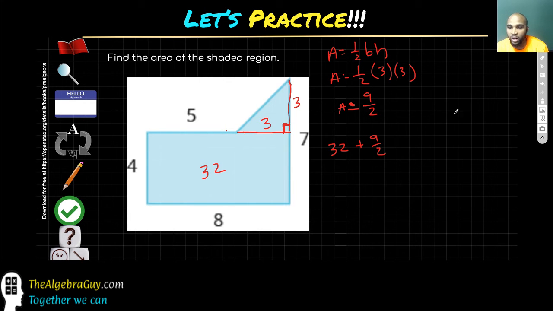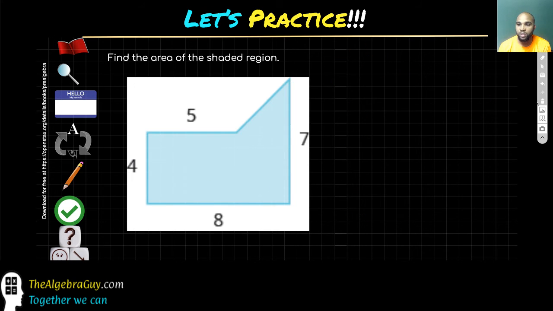If I rewrote 9 over 2 as a mixed number, I should get 4 and 1/2. 4 times 2 is 8 plus 1 is 9. So what I'm really looking at is 32 plus 4 and 1/2. So 36 and 1/2 would be my total area for that region.